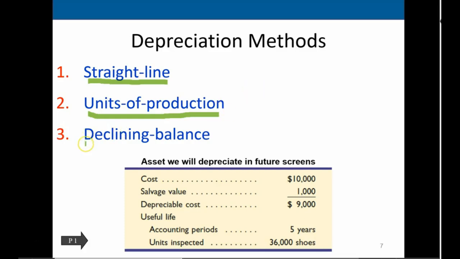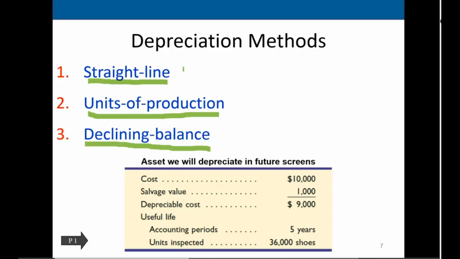So the third method is called the declining balance method. And what we're going to do there is we're going to say, well, the straight line allocates the cost evenly over its useful life. But it could be argued that we use the machinery to generate more revenue in its early years, and in its later years it's not as efficient.